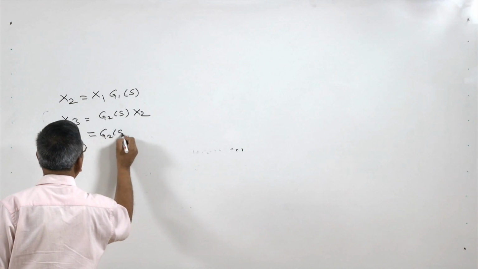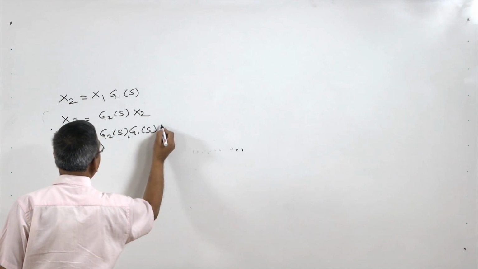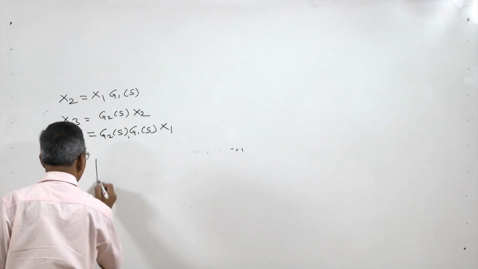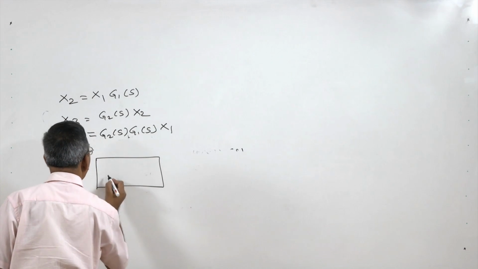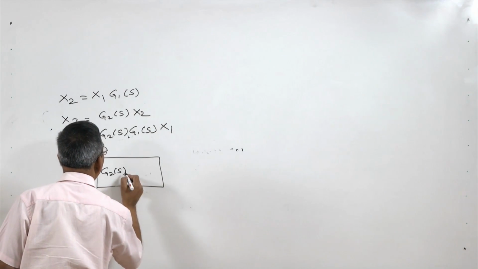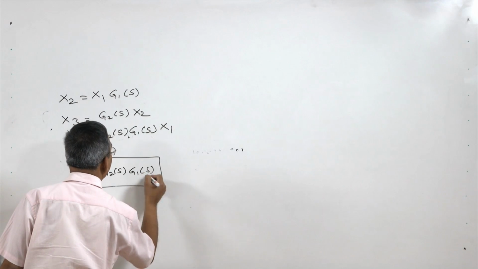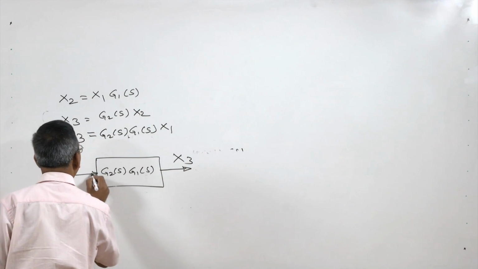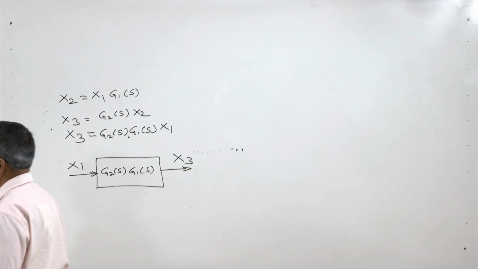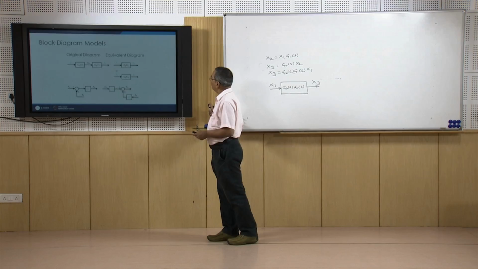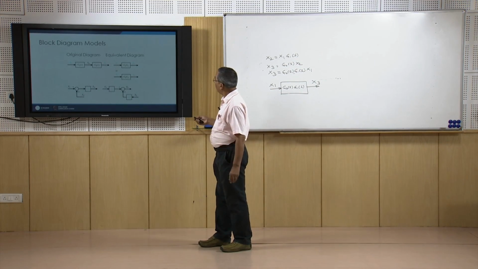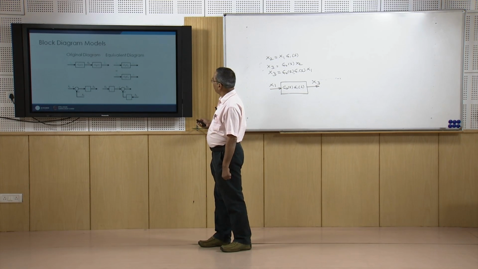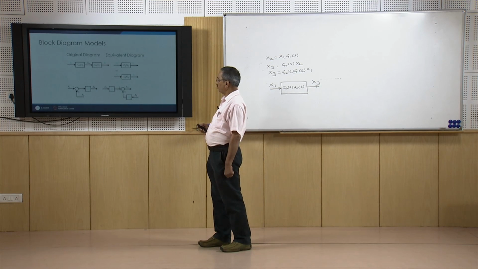So, x3 = G2(s) G1(s) x1. What does this mean? That both the blocks can be combined, and the combined transfer function is G2(s) G1(s), and output is x3 and input here is x1. This is how it is represented in the first figure. So, we can write it this way or we can write it the other way also.